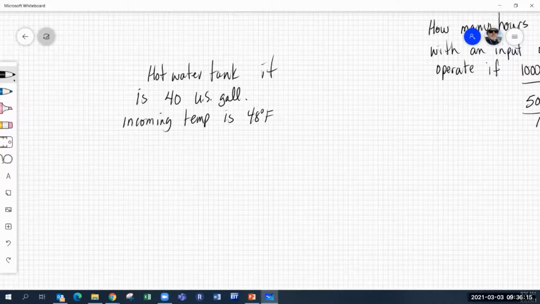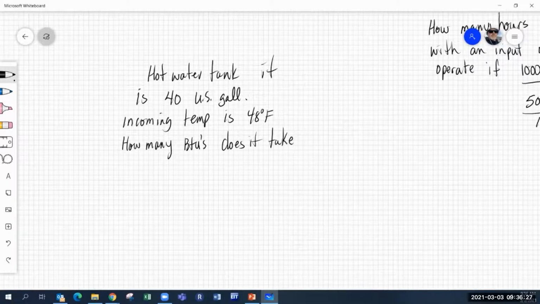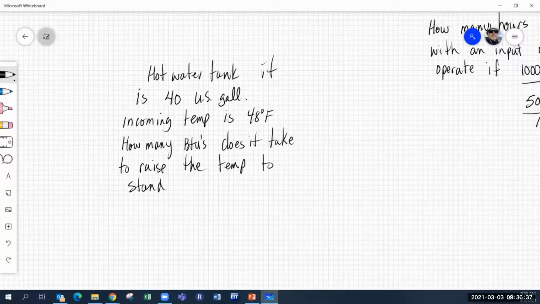And I want to know how many BTUs does it take to raise the temperature to standard settings.